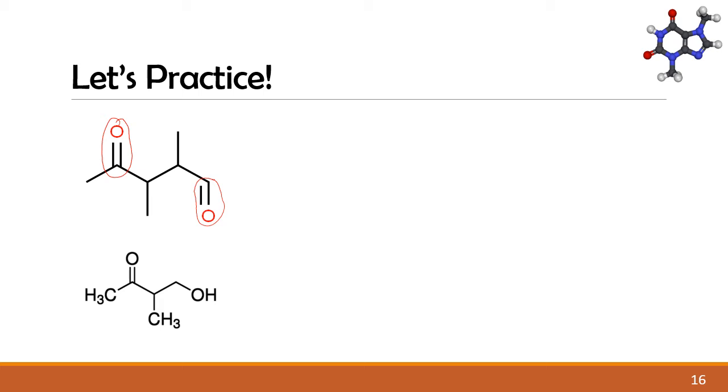So numbering is from right to left. This is 1, 2, 3, 4, 5. Our LCC has 5 carbons. A 5-carbon aldehyde is called pentanal.